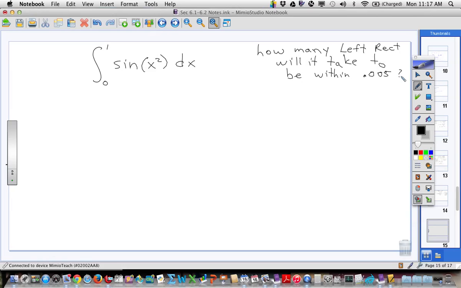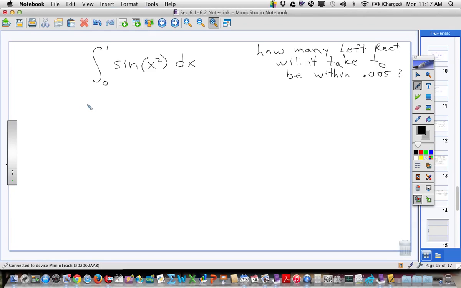This is what your calculator does to figure out how it's going to do the approximation. How many left rectangles will it take? Well, what that is asking really is, what does n have to be for my max error to be that? Does that make sense? What does n have to be for my max error to be that?